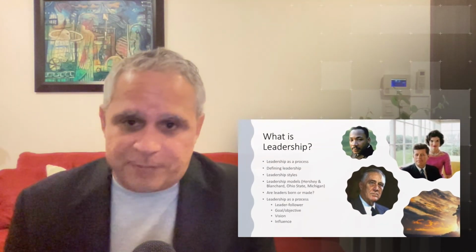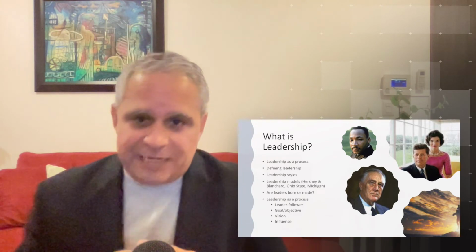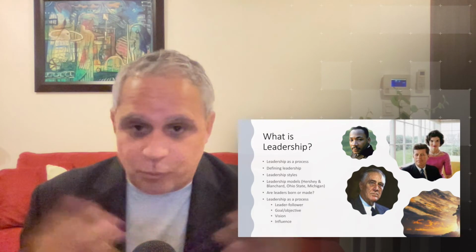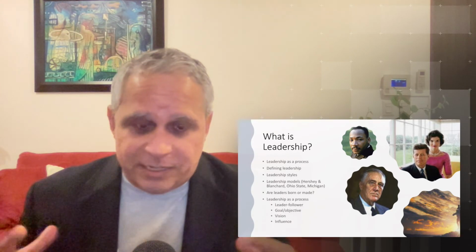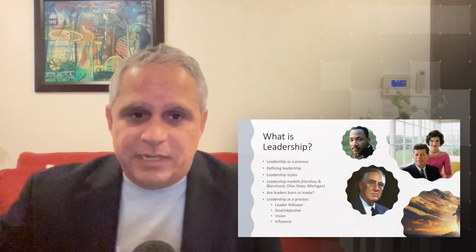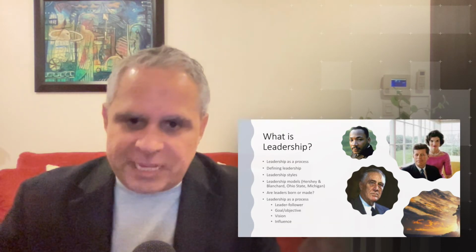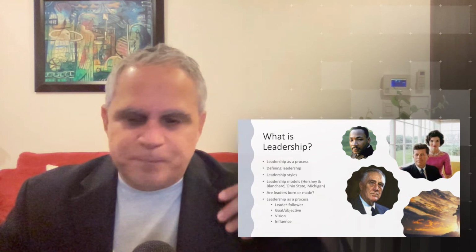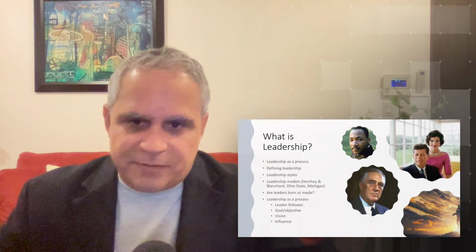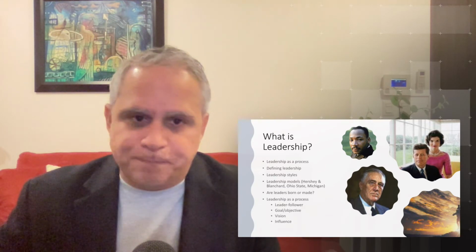That is leadership. We have individuals in this slide, great leaders. These are very famous giants, if you will, of leadership. For example, we have Dr. King, obviously champion of the civil rights movement of the 1960s.